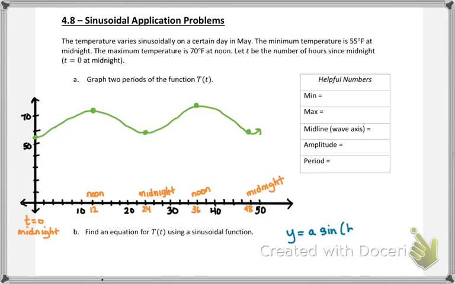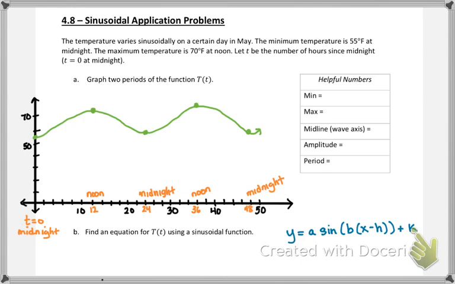And then we've got B, which is the frequency, times x minus h if we have a horizontal shift, and then plus k if we have a vertical shift, in which case we do, that's where the wave axis is. So if we can identify all of these helpful numbers, it's going to help us with the equation.